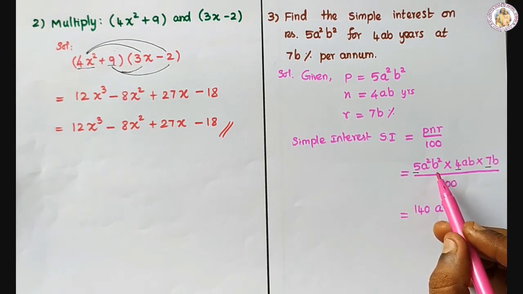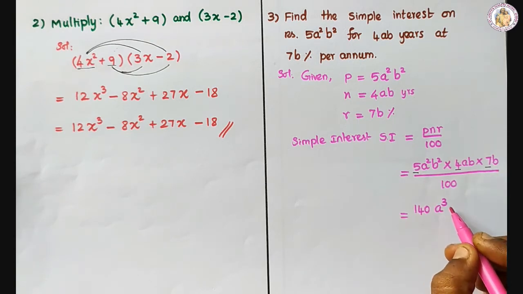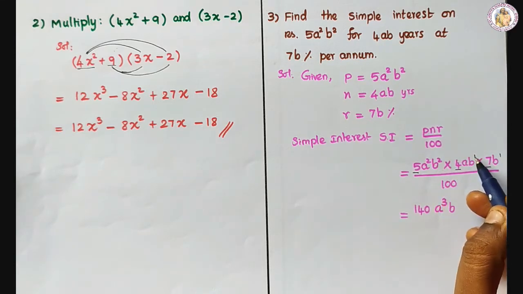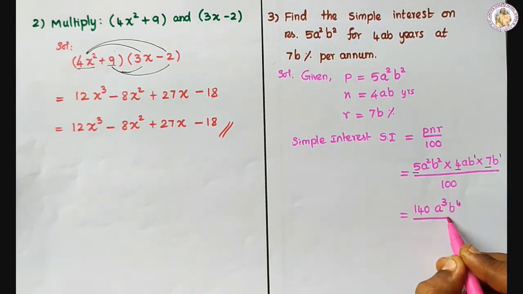B squared into b into b, so that is b squared into b into b. Add the powers, 2 plus 1 plus 1, so that is 4, divided by 100.